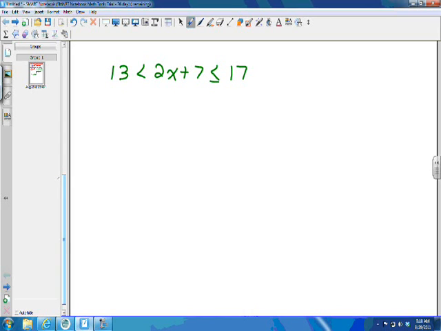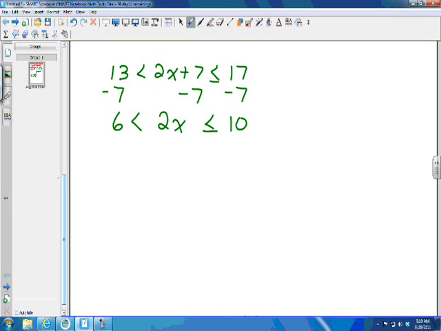The 7. So how would we get rid of the plus 7? Subtract. The only difference here is you have to subtract from all 3 sides. Since there's 3 sides there, you've got to subtract 7 from everywhere. So that leaves us with what on the left? 6 is less than 2x, which is less than or equal to 10.